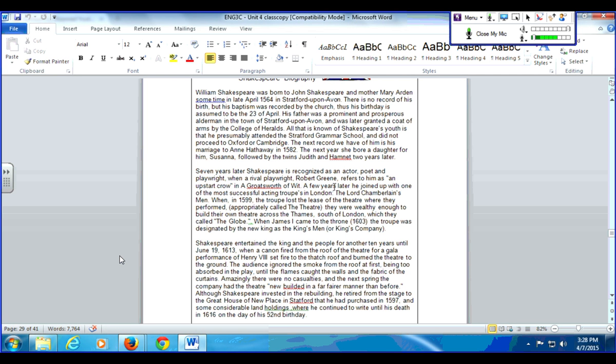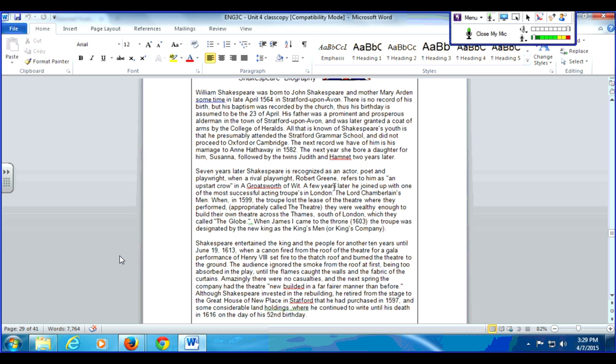So, 7 years later, Shakespeare is recognized as an actor, a poet, and a playwright, when a rival playwright, Robert Greene, refers to him as an upstart crow in a book called The Groat's Worth of Wit. A few years later, he's joined up with one of the most successful acting troupes in London, the Lord Chamberlain's Men.